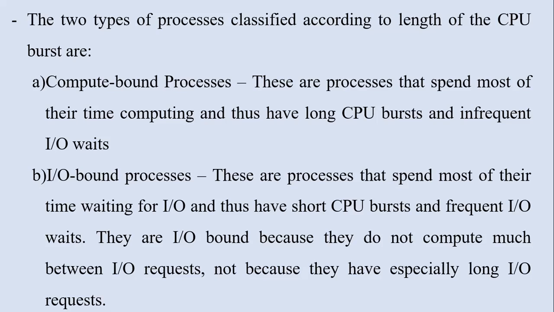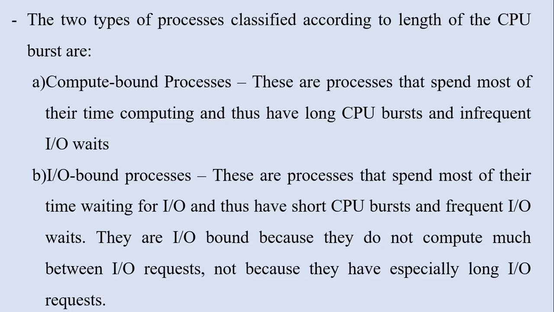So what are compute-bound processes? These are the processes that spend most of their time computing and have long CPU bursts and infrequent input-output waits. Number two is input-output bound processes.